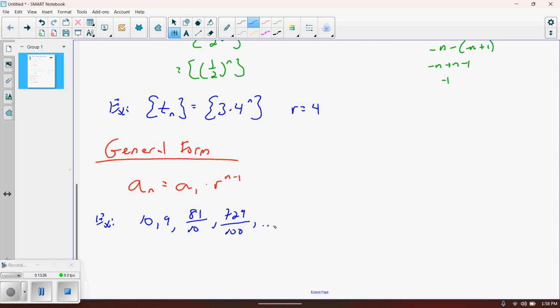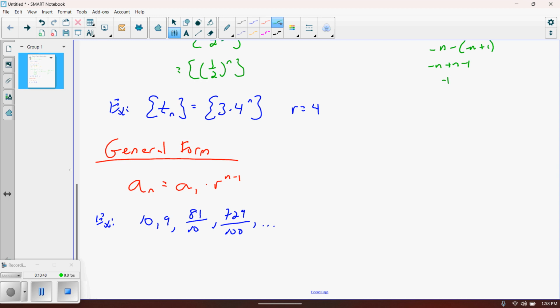We are told in this case that this is a geometric sequence. Again, if you weren't sure, you take two consecutive terms and divide them and you would find your common ratio. We're going to need to do that anyway, because if we want to find the nth term of the geometric sequence, we need r and we need a sub 1. Those are the two things that we need.